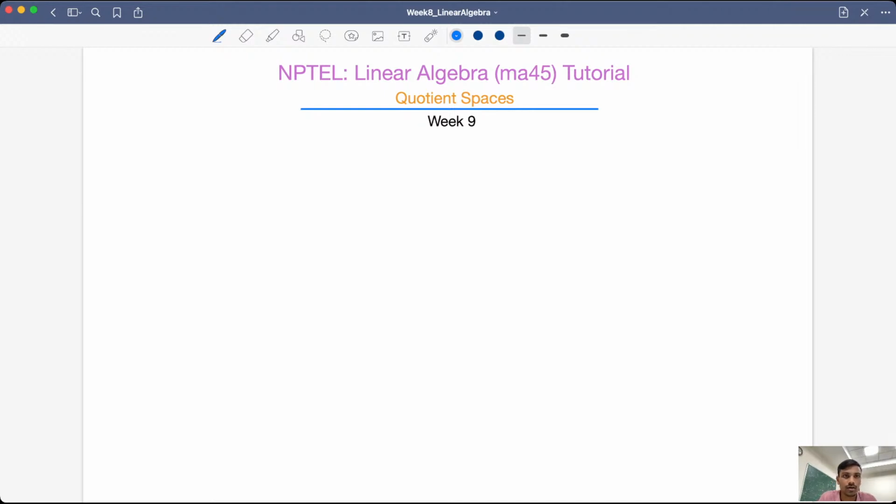So again, the first assumption is V is a finite dimensional vector space. Actually, it's not needed; finite dimension is not needed.